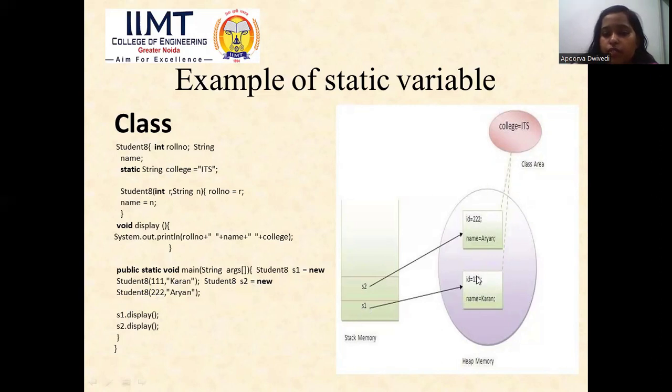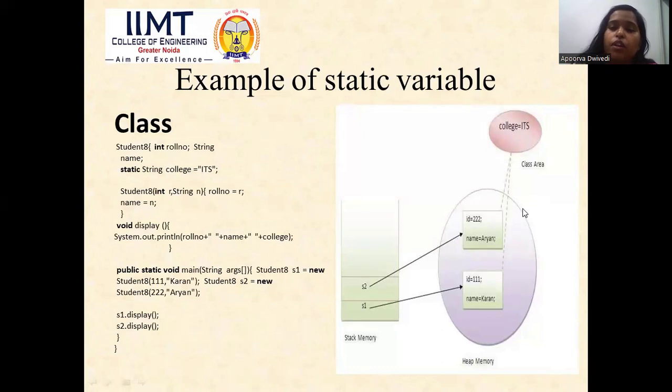First one is S1, whose ID is 111 and name is Karan. The ID and the name get different spaces, and S2 will get different space for ID and name. But the static member, the college, stores the value ITS, and both objects will share the memory of the college.